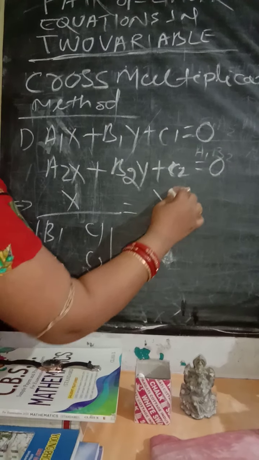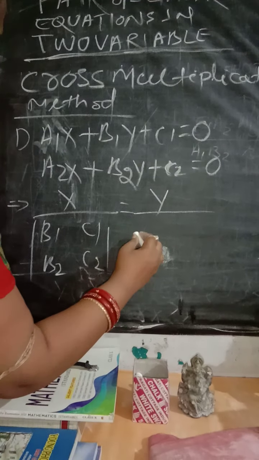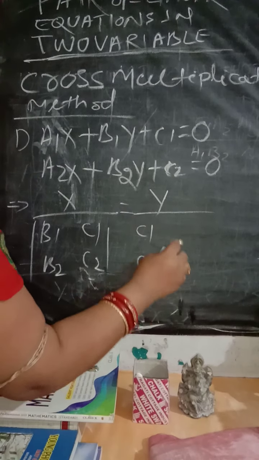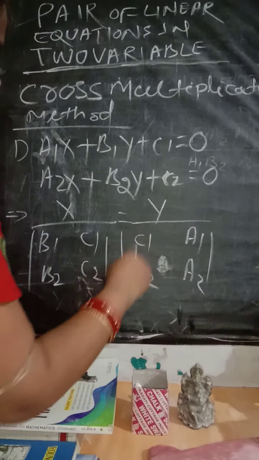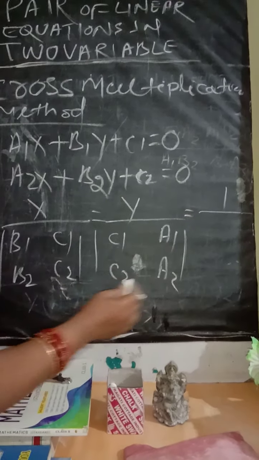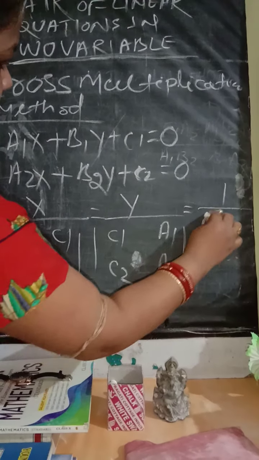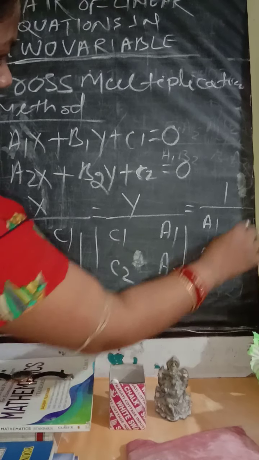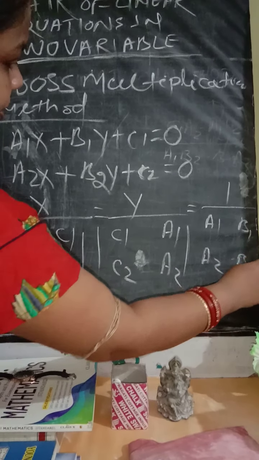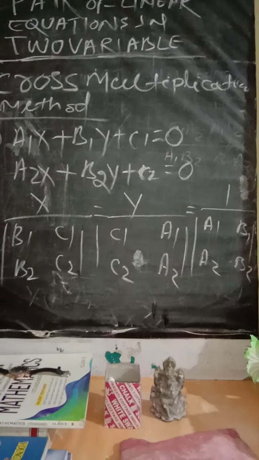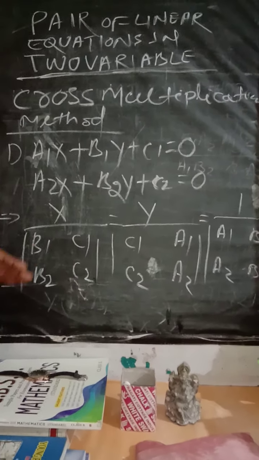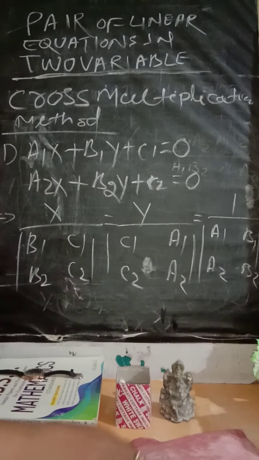Then y by the determinant of c1 c2 a1 a2 is equal to 1 by the determinant of a1 a2 b1 b2. This is known as the determinant. When you go to class 11, you will come in contact with determinants.